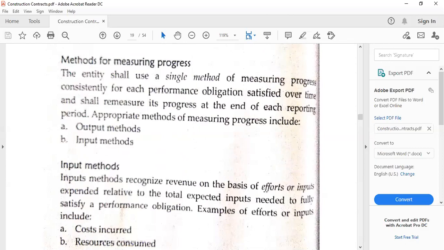Remember, there are two methods for measuring progress. And then this single method shall be used consistently for each PO as satisfied over time and shall remeasure its progress at the end of each reporting period.